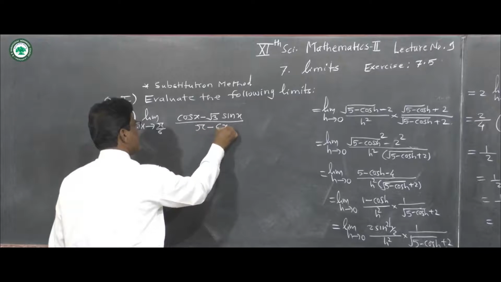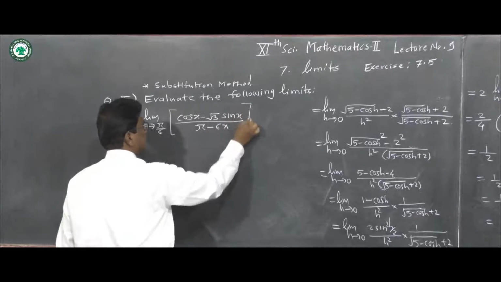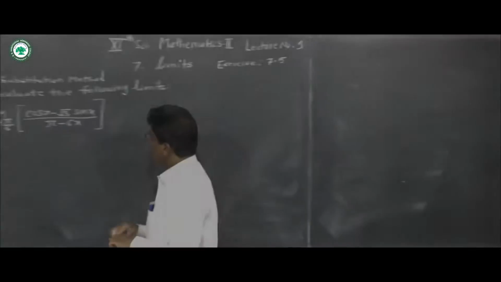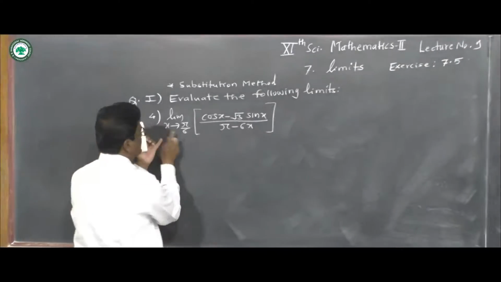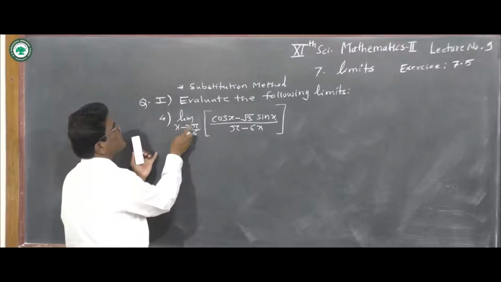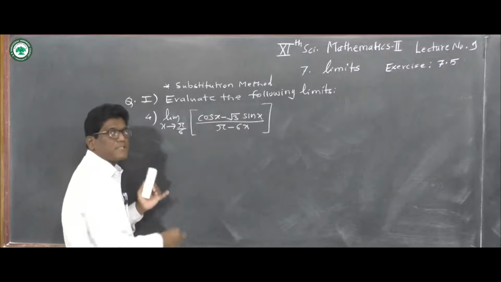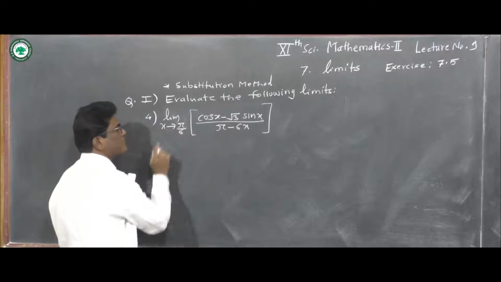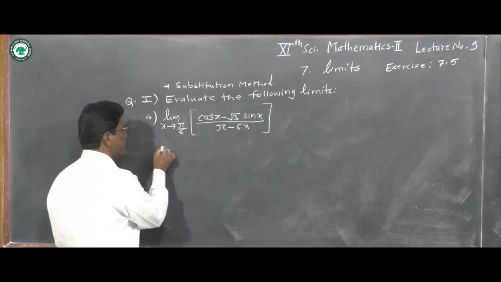Now see, it is indirectly a subtraction. If we carry 6 here, 6x tends to pi, and pi minus 6x, so it is indirectly a subtraction of this. So we use the substitution method here.